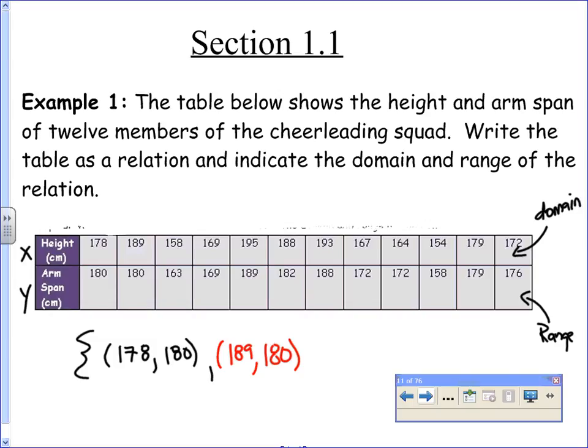It's okay to repeat in the range, and I'll get to an example of that in a minute so I don't confuse you. But let's see if we can find, do we have any repeats in the domain? Doesn't look like we do, so we're probably fine there. So if you continue this process, then you come up with your relation, okay, writing it as a relation.